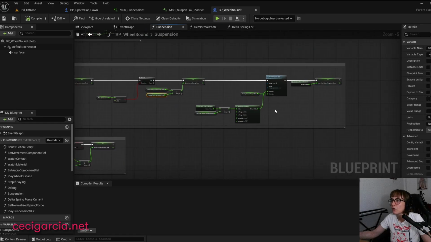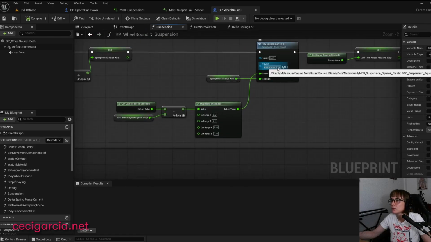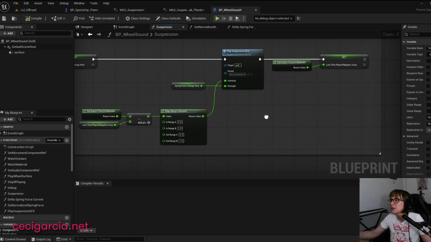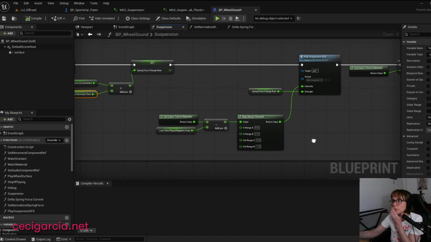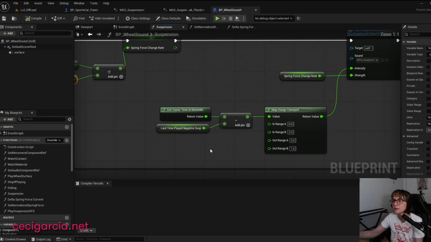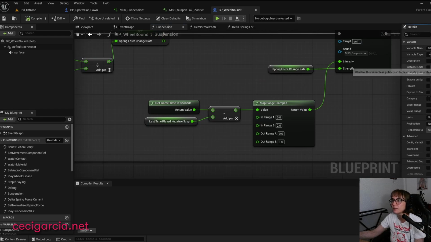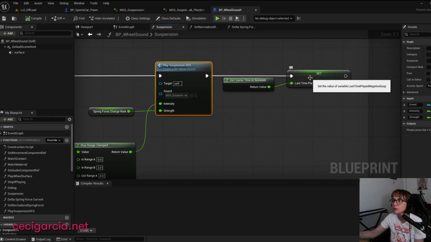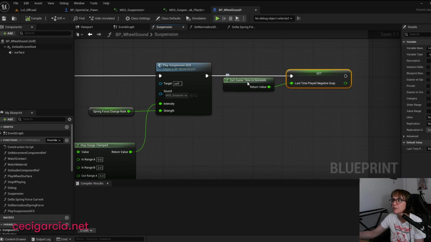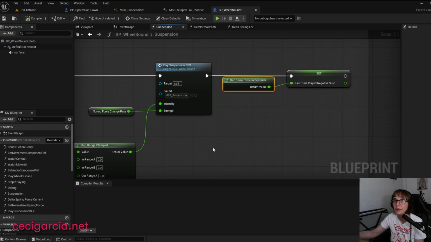Okay, so this plays the squeak sound, and here for the intensity, I am just checking, because when I play the sound, I set the time when the sound was played.